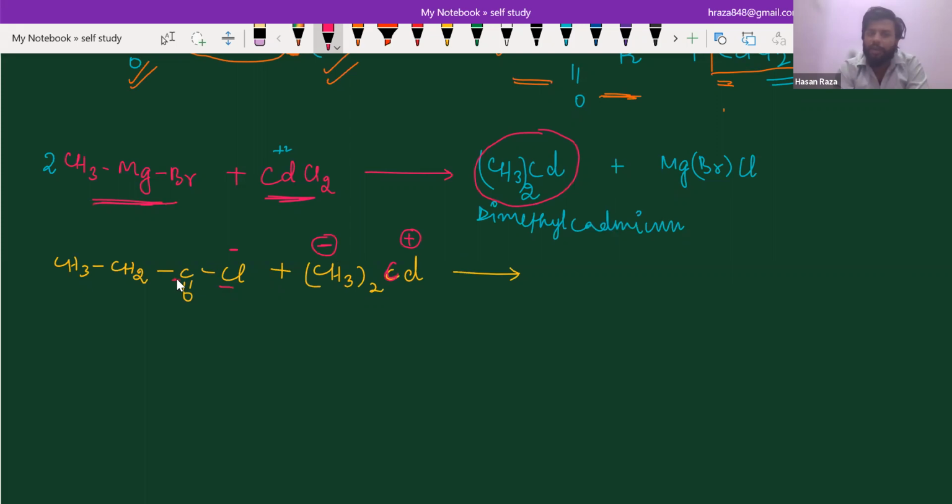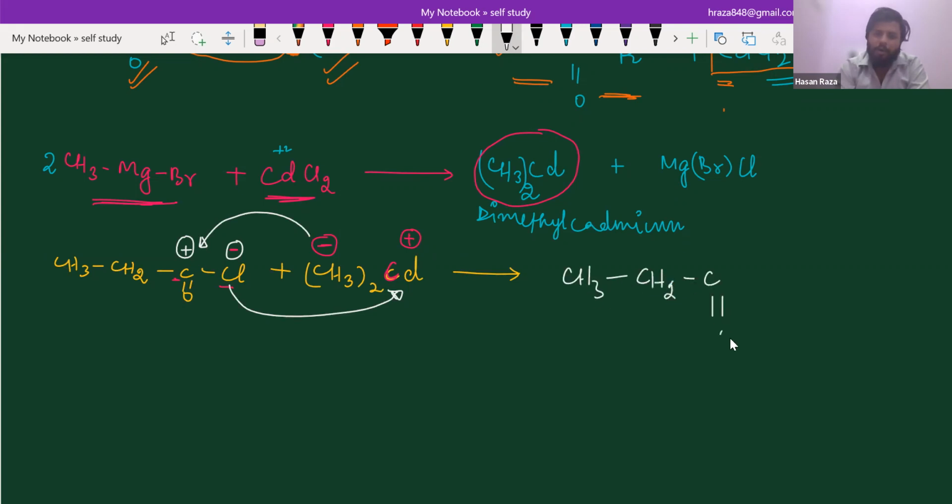Carbon and chlorine are both non-metals, but chlorine is more electronegative, so it will have delta negative and carbon delta positive. So this will come here, combine with carbon, and this will go with this. You will get CH3CH2C double bond O, and this CH3 will combine with this, and the byproduct is CdCl2. So your product name is, counting 1, 2, 3, 4, butan-2-one.